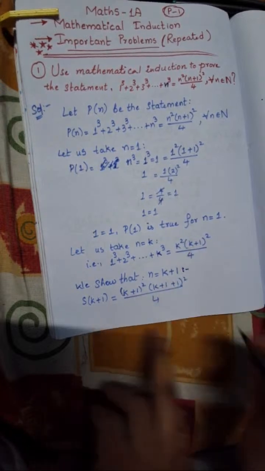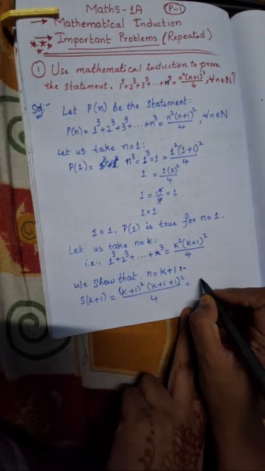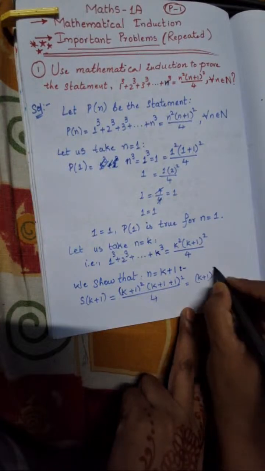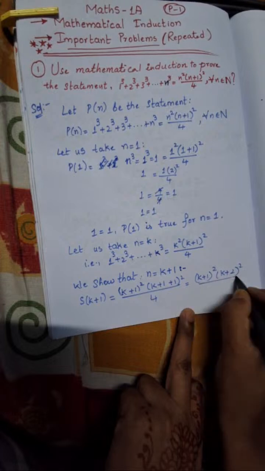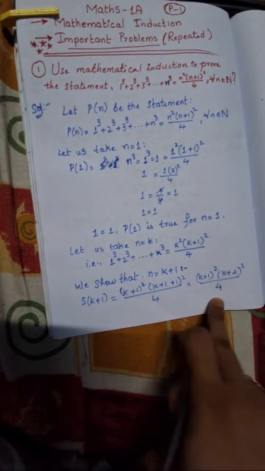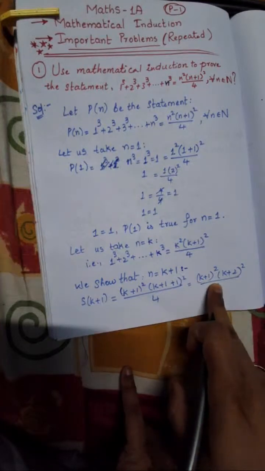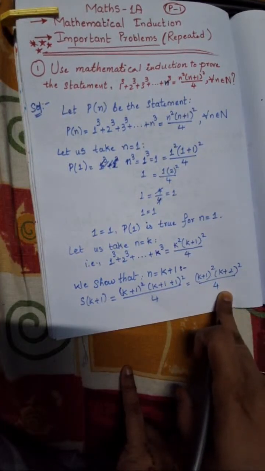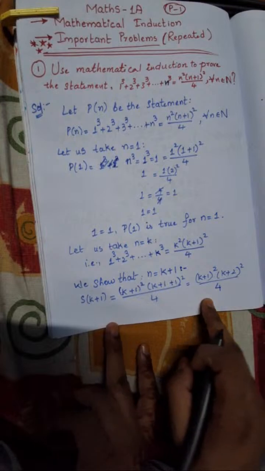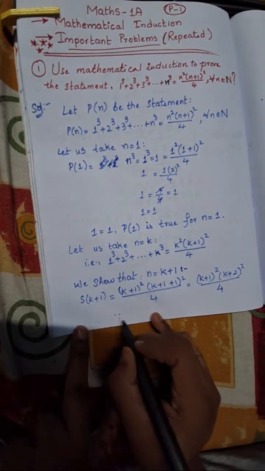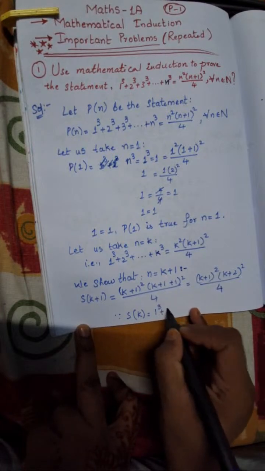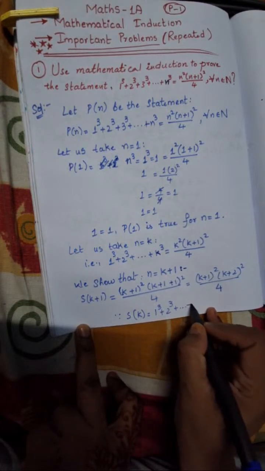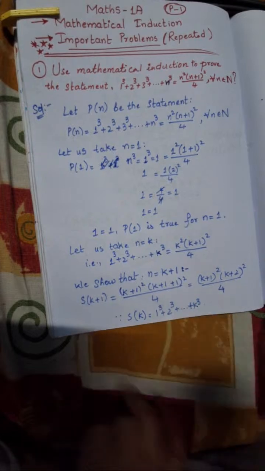This right side I am writing here, that is (k+1)² (k+2)² by 4. Okay, in right side we have (k+1)² (k+2)² by 4. Since we know that S(k) is equal to 1³ + 2³ + so on + k³, we know.